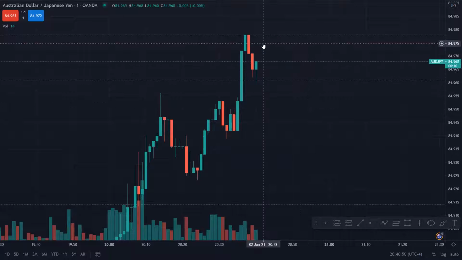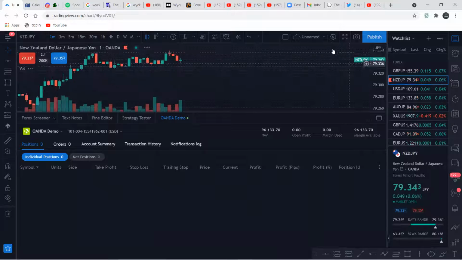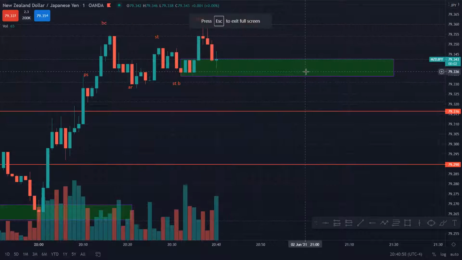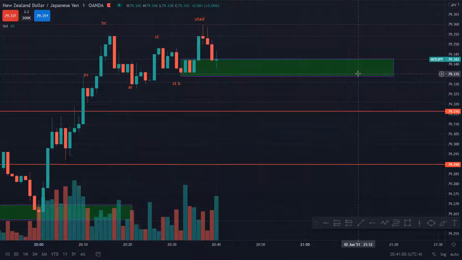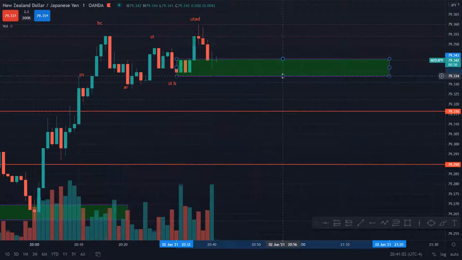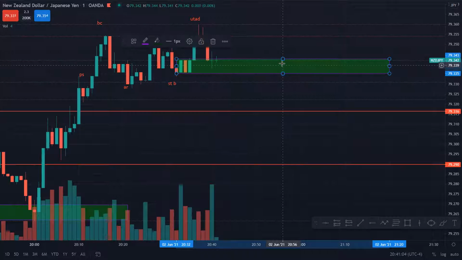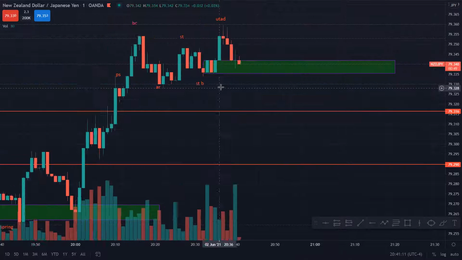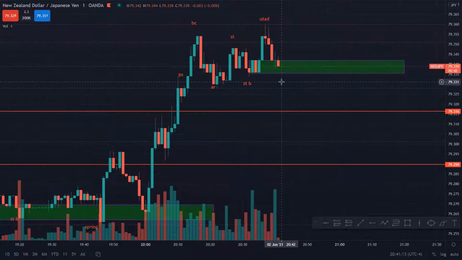I mean, it could also not be, but I guess we'll have to wait and see. On New Zealand yen, at this point it looks pretty problematic, though, moving forward with that. Actually, let's adjust this to make it a little bit more accurate. That looks better. So we're seeing some signs of exhaustion. I think that this market might actually move down.